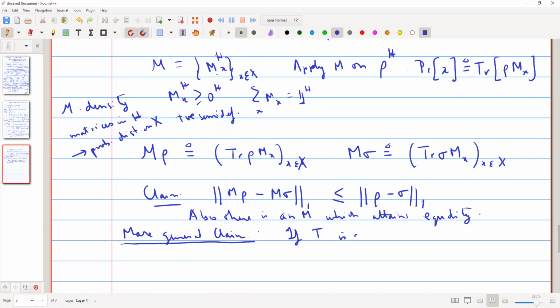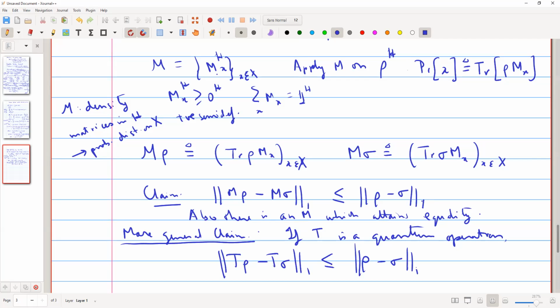E is a quantum operation. So E sends quantum states to quantum states. So what is this telling us?